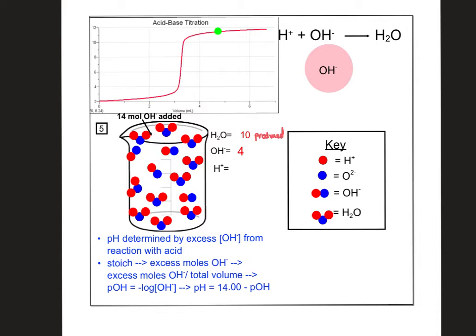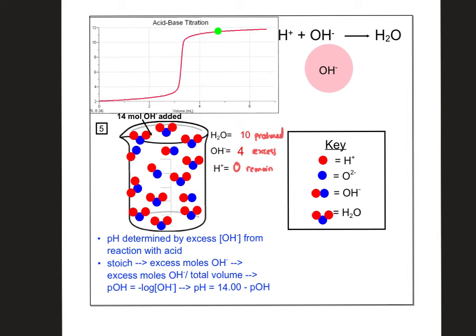I've used up all the H+. And that means, because I've used 10 of the 14 moles of hydroxide, there are 4 moles remaining, or in excess. So how do I find the pH? The pH is now determined by the excess hydroxide. I do stoichiometry to find how many excess moles; in this case, it's 4. I divide that by the total volume, H+ and hydroxide added.